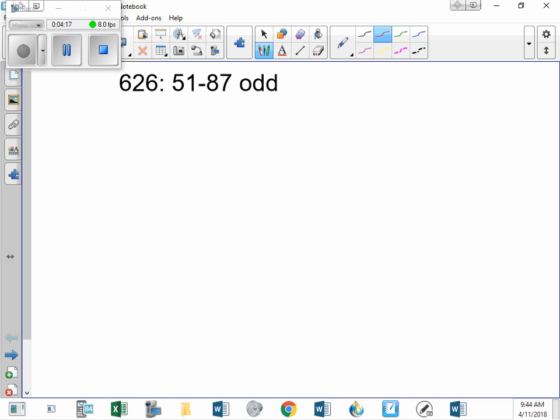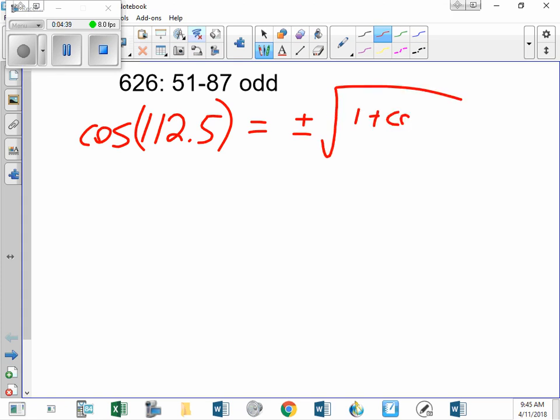So let's do the cosine of 112.5. Is 112.5 half of some angle I already know? Yes, it's half of 225. So this is going to equal plus or minus the square root of 1 plus the cosine of 225 over 2. But I have to be careful.